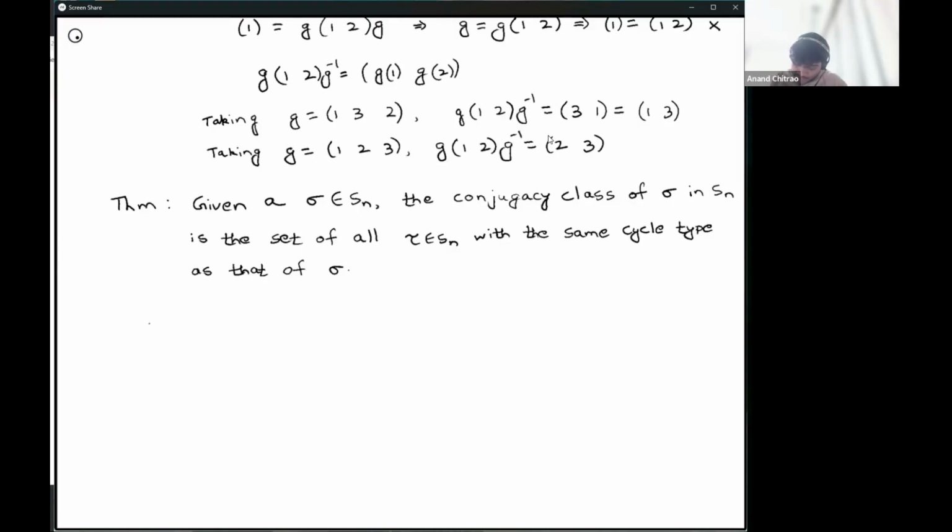So using this, tell me what is the conjugacy class of (1 2 3 4) in S4? Does everybody understand what this theorem says?